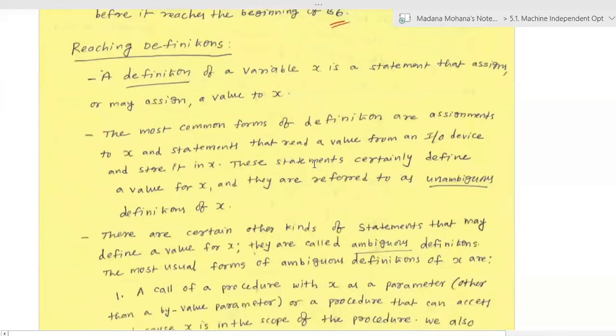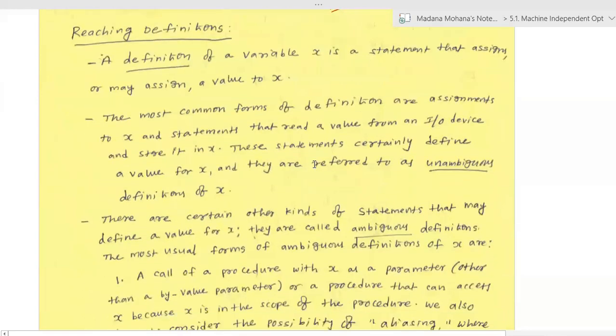So next, a very important concept in data flow analysis: reaching definitions. This is a very important one. Several times we use the terms that a variable is reached or used or not used, like live or dead. With this combination, with respect to a definition, whether that is reached or not, that is called reaching definition.